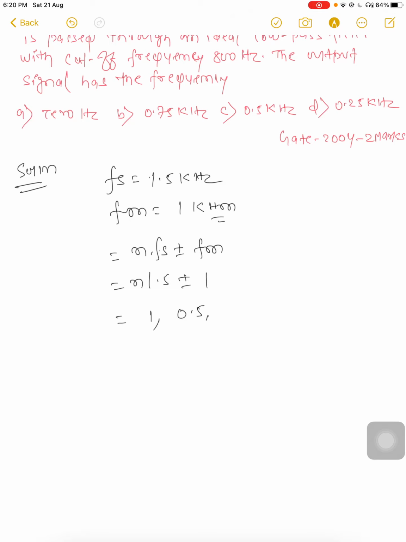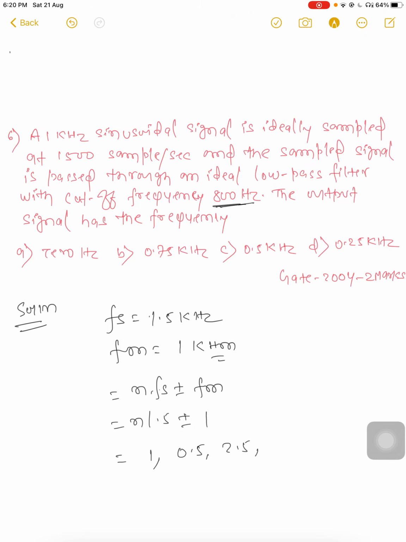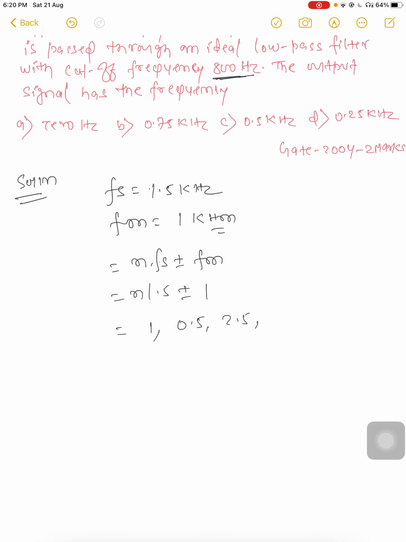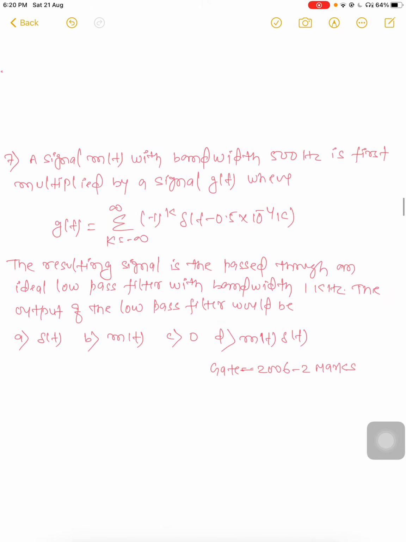So it will be 1, 0.5 and 2.5, and so on. The low pass cutoff frequency given is 800 Hz, meaning 0.8 kilohertz. So only 0.5 kilohertz will be present. Option C will be the right answer.